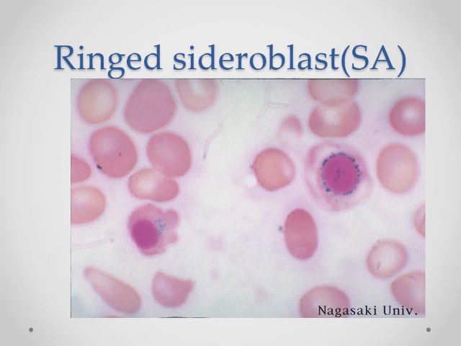What is the difference between this one and this one? This one is called a normal sideroblast or siderocyte. Normal, like there are a few siderotic granules scattered intracellularly, but in this case the siderotic granules are surrounding the nucleus. Actually they are surrounding the chromatin. Why? Because to build up our hemoglobin we need heme and globin.